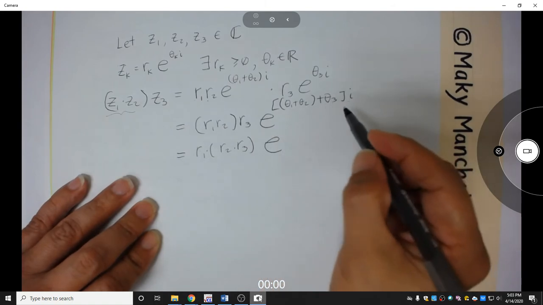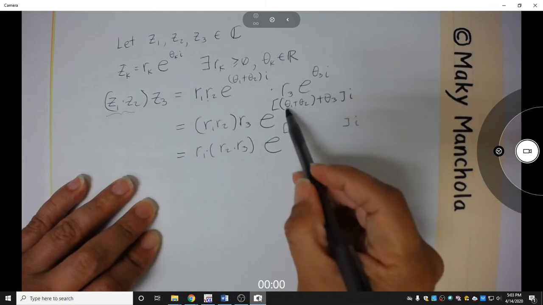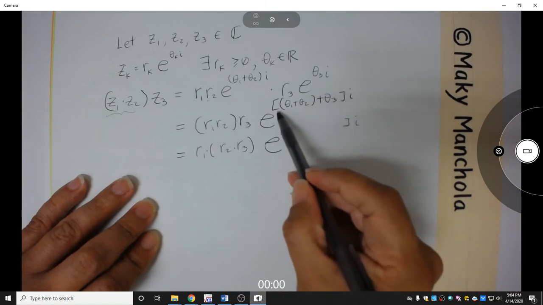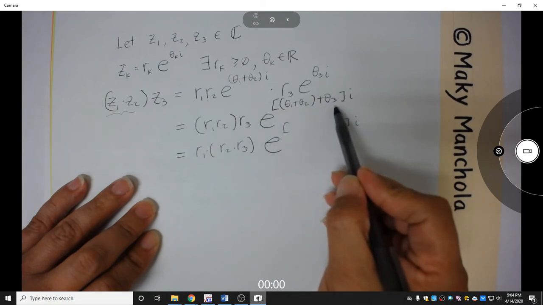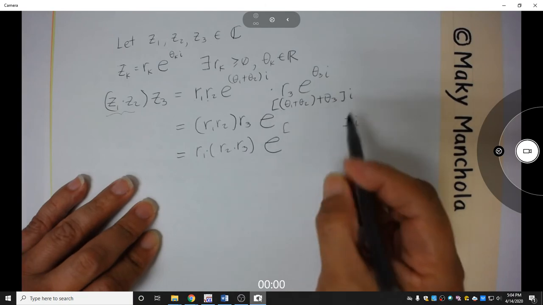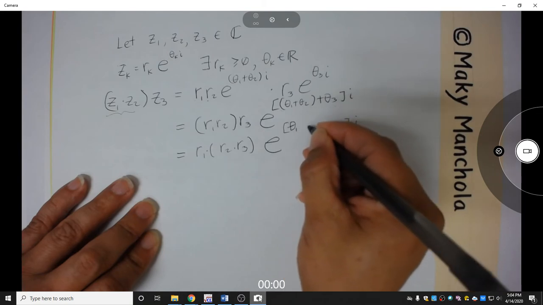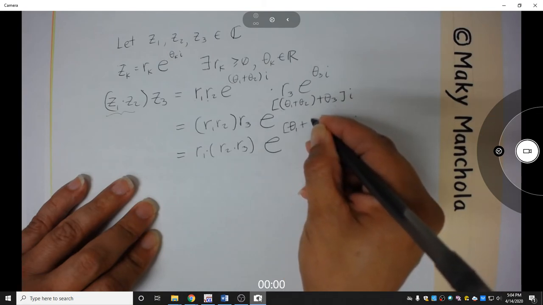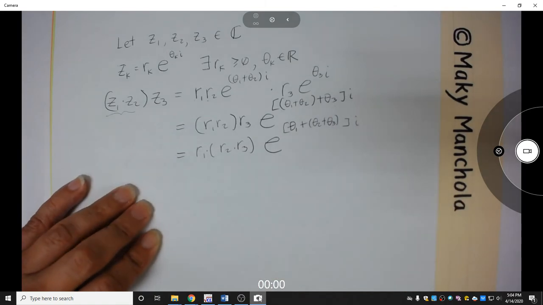e to the power. Now, inside these brackets, we have addition of real numbers. We know addition of real numbers is associative, so we can rewrite what's inside the brackets as theta 1 plus (theta 2 plus theta 3). But what is this equal to now?